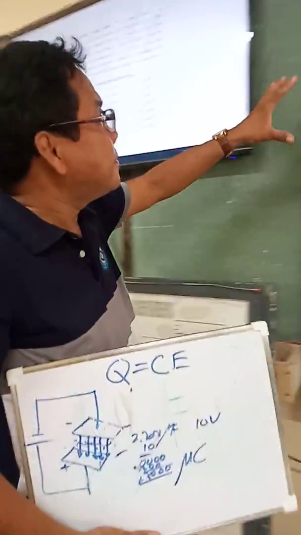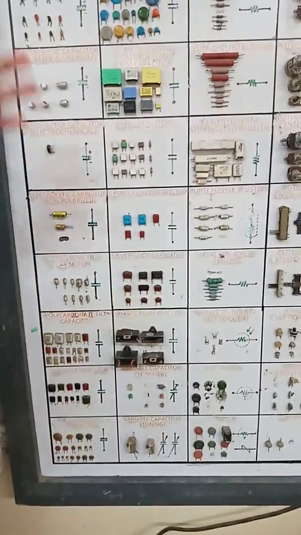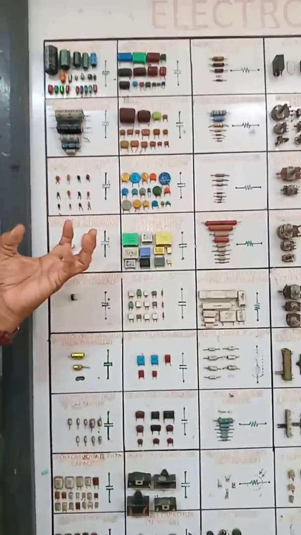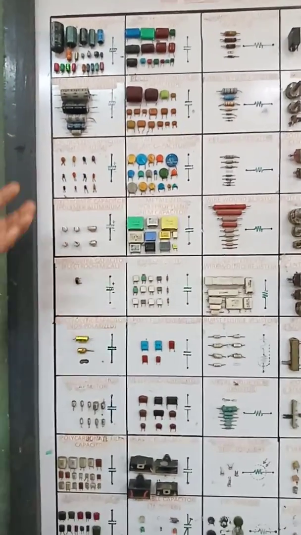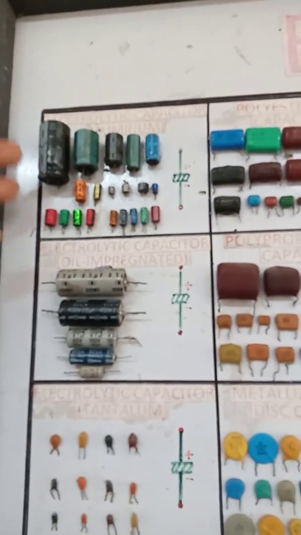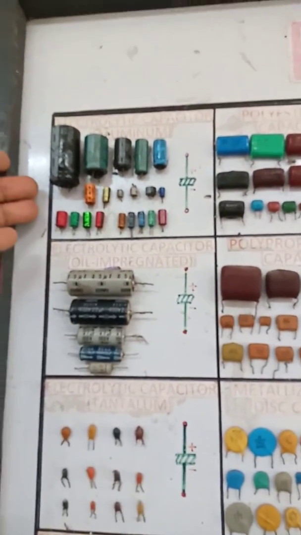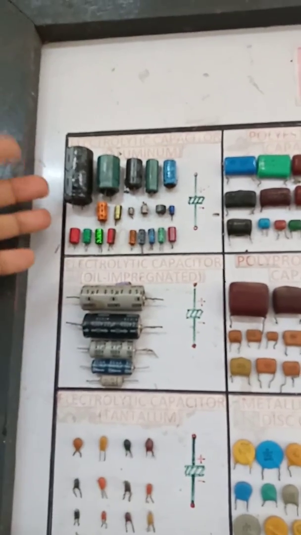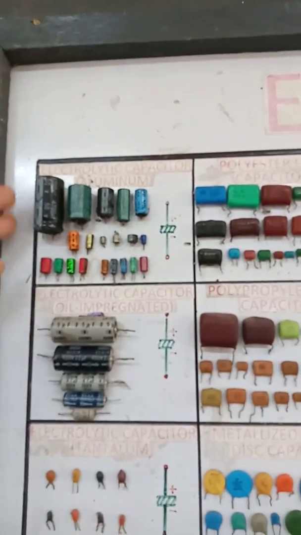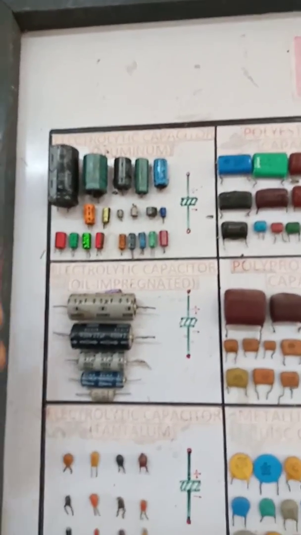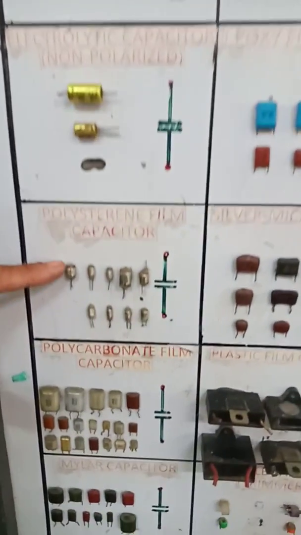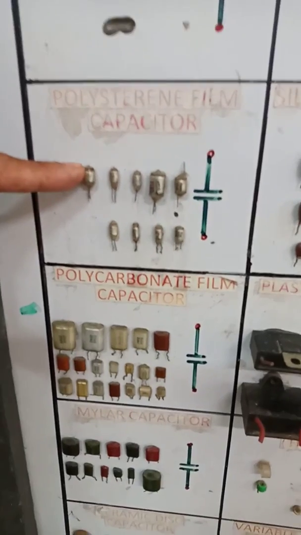That's why capacitors are named after the dielectric used or the insulator being used. For example, electrolytic capacitor. The dielectric material or the insulator being used is electrolyte. We have here polystyrene, which is among the insulator or dielectric materials.